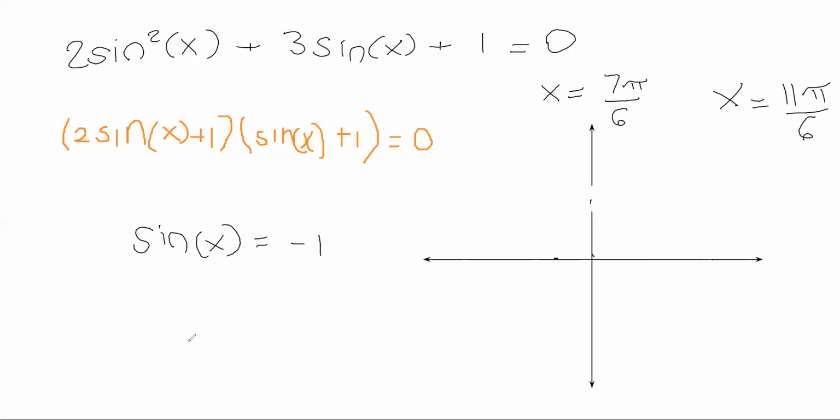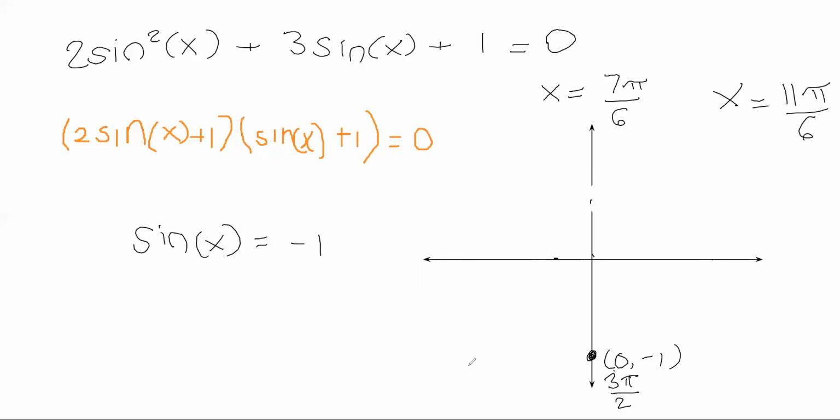The bottom. Mm-hmm. There's only one place where it reaches negative 1. It would be one of these quadrantal angles. This is 3 pi over 2. Whenever we reach a maximum or a minimum, we're only going to have one solution. If we were to reach a maximum, pi over 2 would be our only solution.